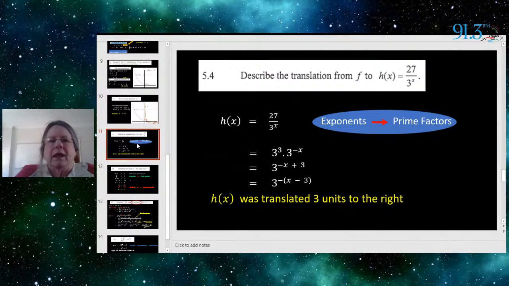Right. Now they want to know, describe the translation of function f to a new function h, or it turns into 27 over 3 to the power x. So this is also a mouthful.